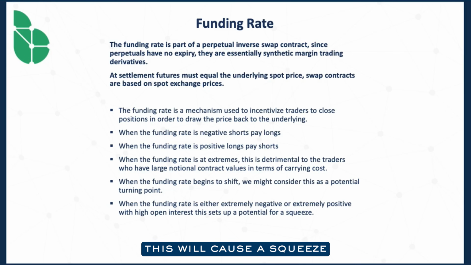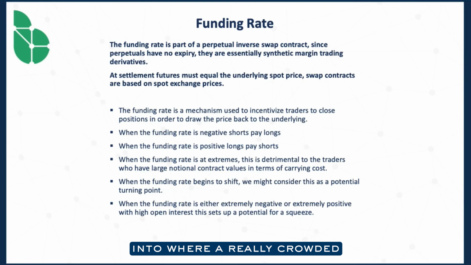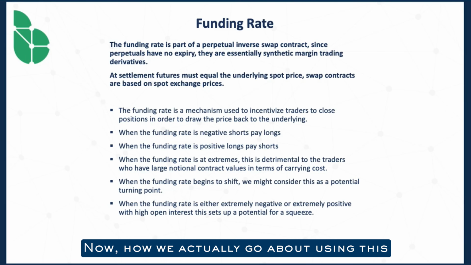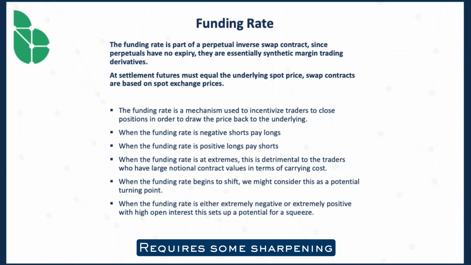This will cause a squeeze. So when we have the funding rate that is either extremely negative or extremely positive with a really high open interest, this could give us some insight into where a really crowded trade exists in one direction.